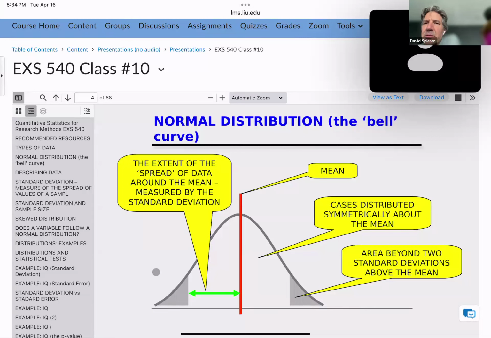What would an example be that we could put on this axis? Anyone?